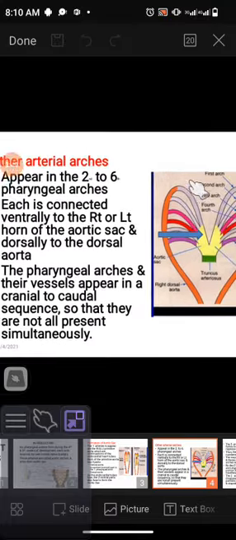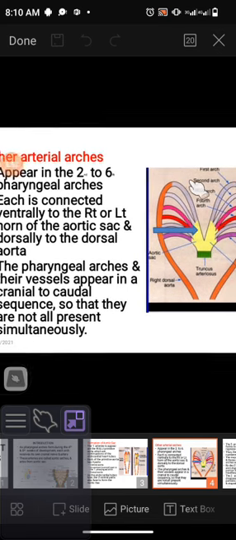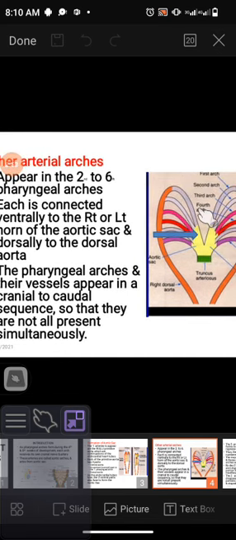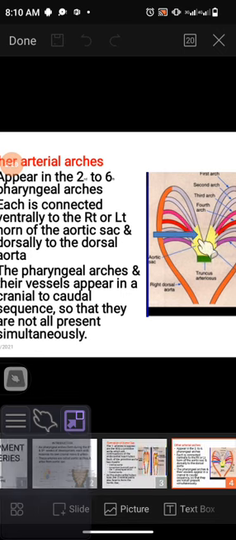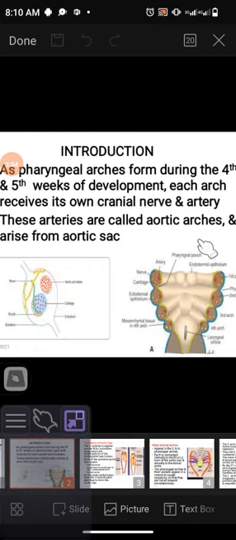Now the 2nd to 6th pharyngeal arches are going to form too. They are going to form here. There are going to be pouches and clefts, like I showed you before. This is the aortic sac, and this is the pharyngeal arch.